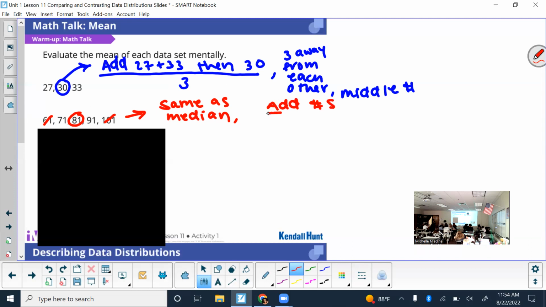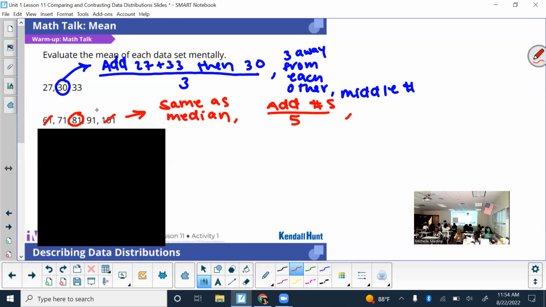So we added the numbers and then divided by how much this time? Because there's 5 data points. Are these numbers easy to add up? Are they easy to divide by 5 mentally? No. Anyone have like another thing that they noticed or explanation strategy?